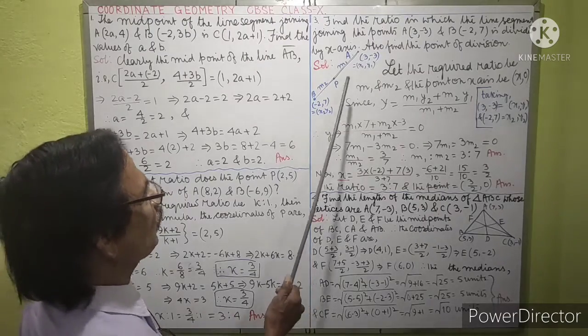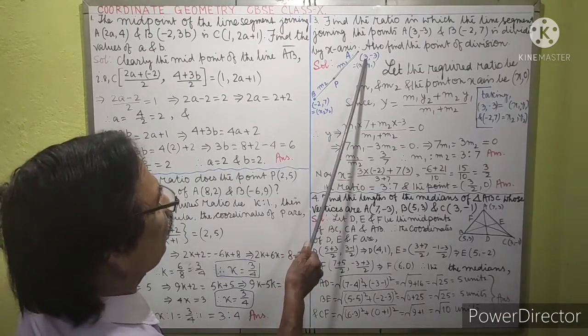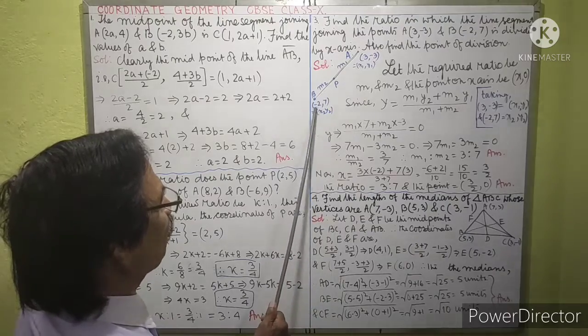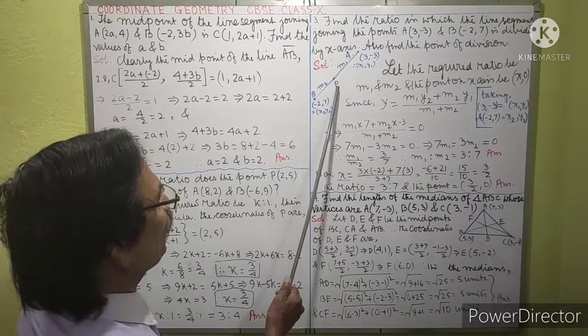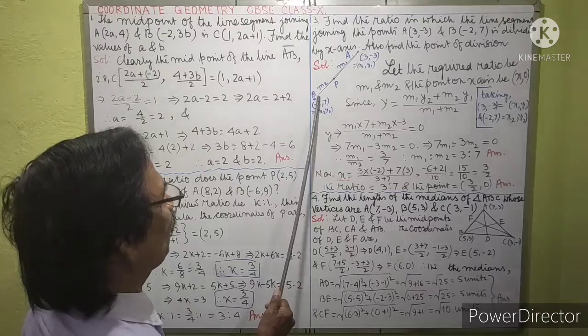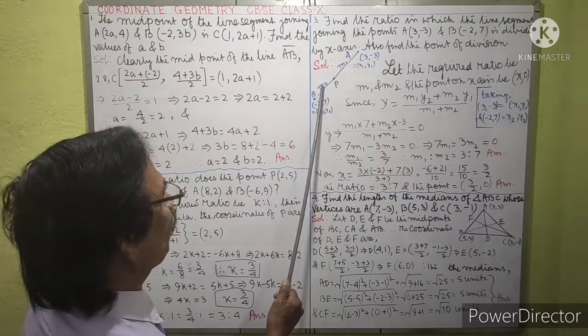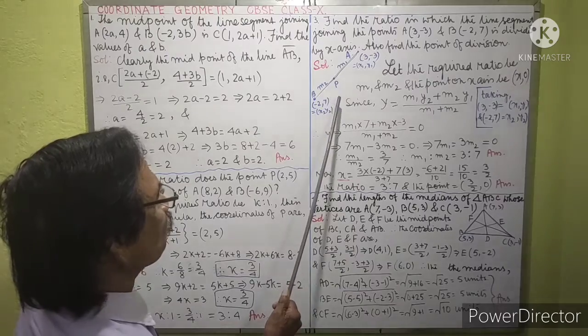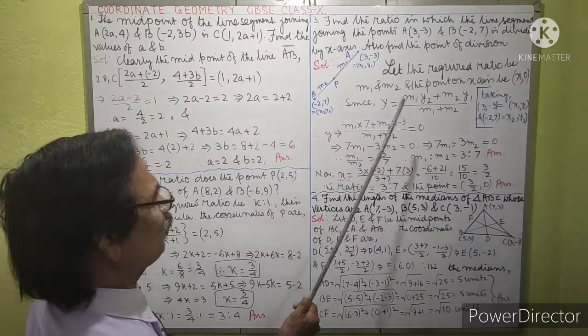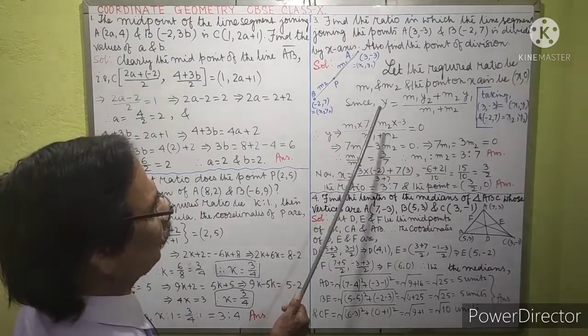So we take A (3, -3) and B (-2, 7), and P is a point, and let the required ratio in which P divides A and B be m1 to m2.